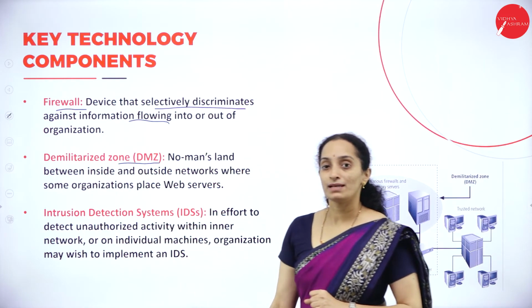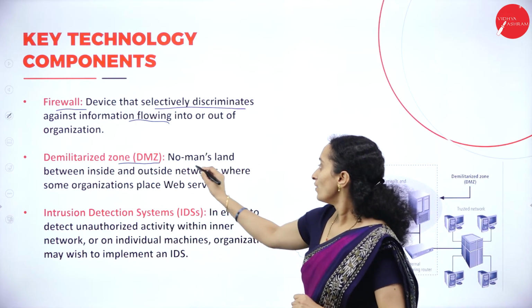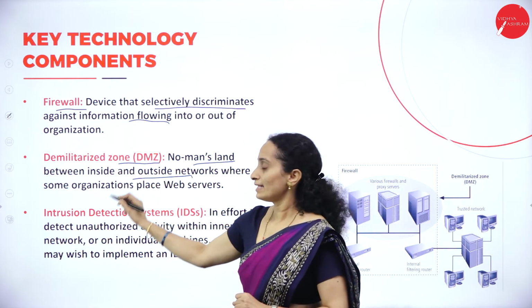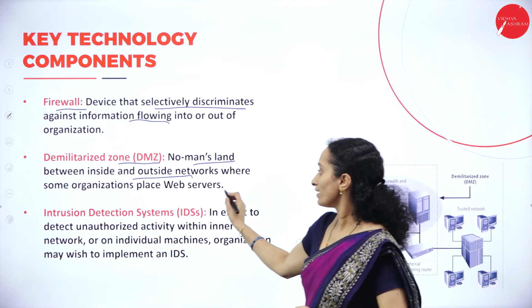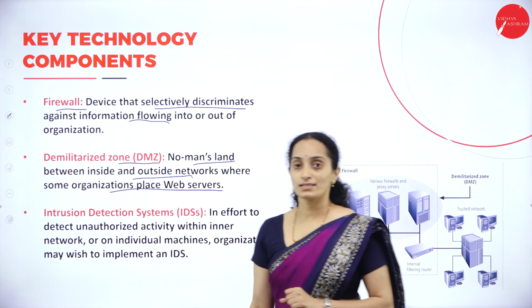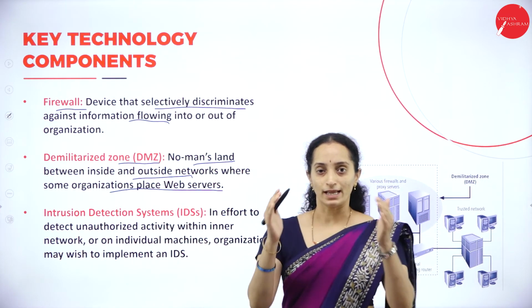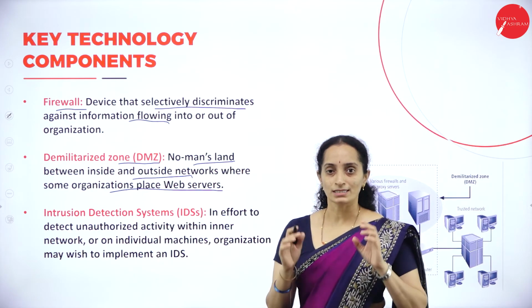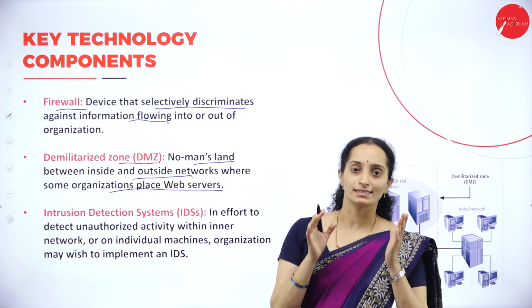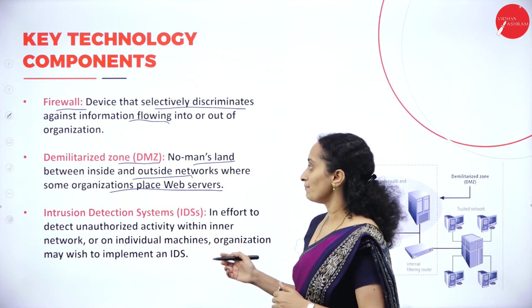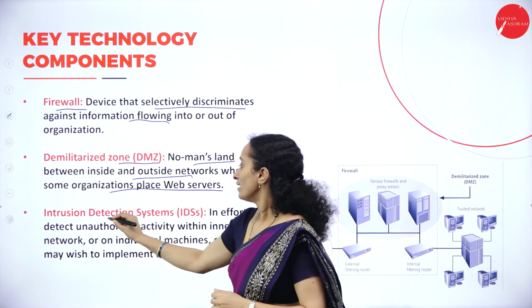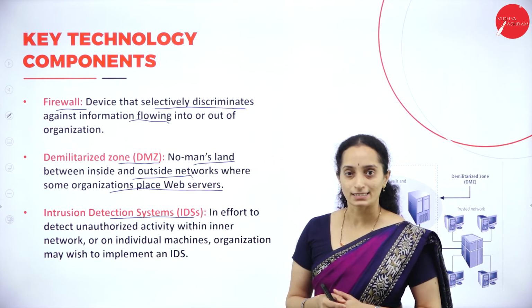Next is the demilitarized zone. You can have a no man's land between inside and outside networks where some organizations place web servers. What is the area where the server is located, restricting others from accessing that area? The demilitarized zone. Then the intrusion detection system.